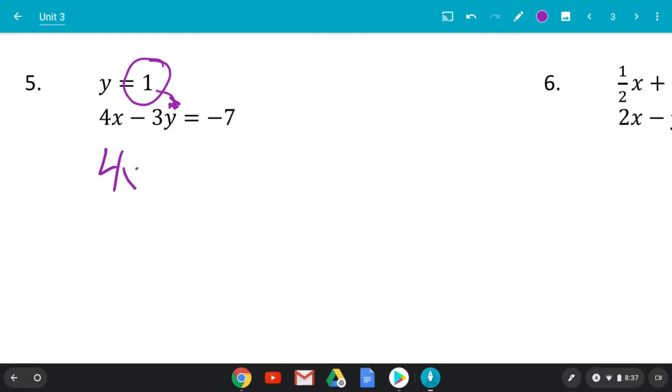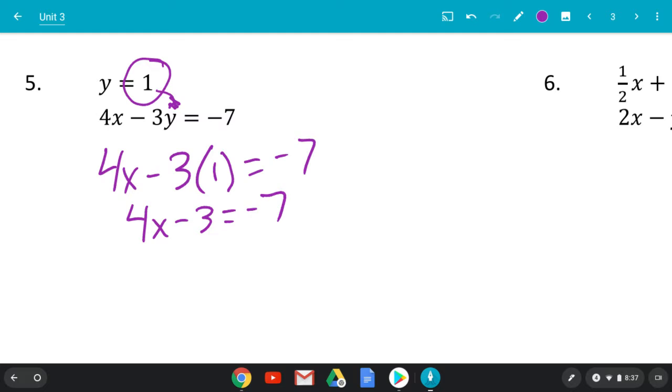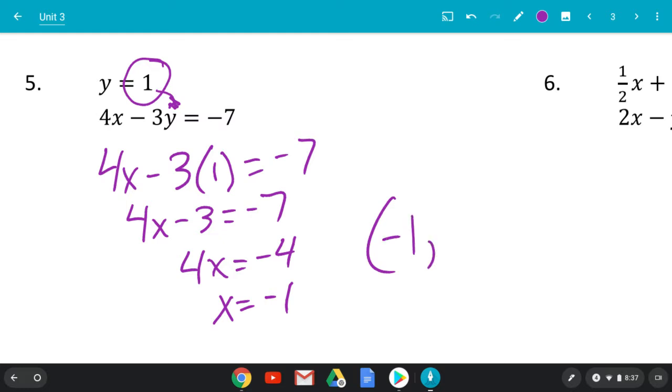So 4x minus 3 times 1 equals negative 7. 4x minus 3 equals negative 7. Add 3 to both sides. 4x equals negative 4. x equals negative 1. Well, I already know my y, so what's my solution? Negative 1, 1. And my solution to these systems is always going to be an ordered pair, right?